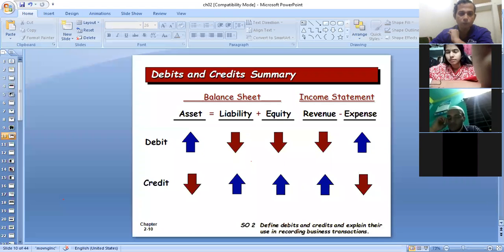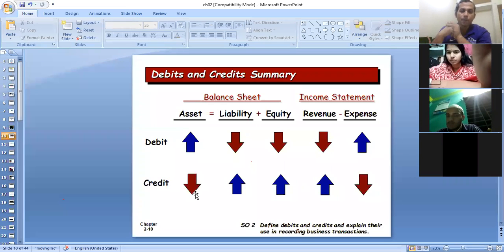So here we show assets increase, debit; liability decrease, debit; equity decrease, debit; revenue decrease, debit; and expenses increase, debit. So these are the debit side, and you see here the credit side. On the other hand, assets decrease, credit.